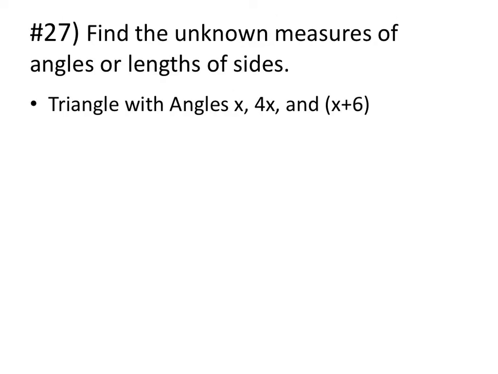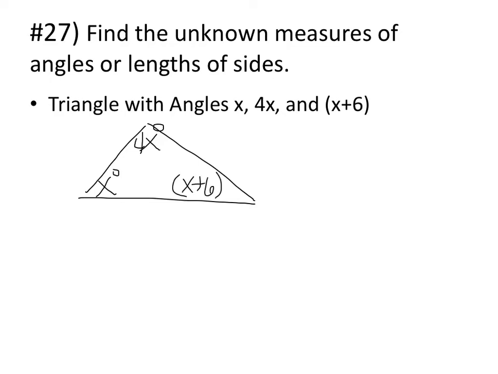Find the unknown measures of angles or lengths of sides. So we have a triangle with angles x, 4x, and x plus 6. Number 27 looks like this: you've got 4x degrees, x degrees, and x plus 6 degrees.